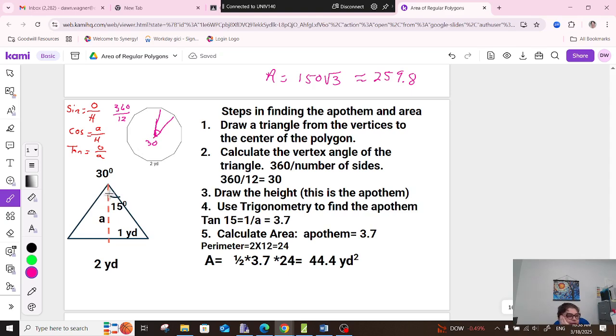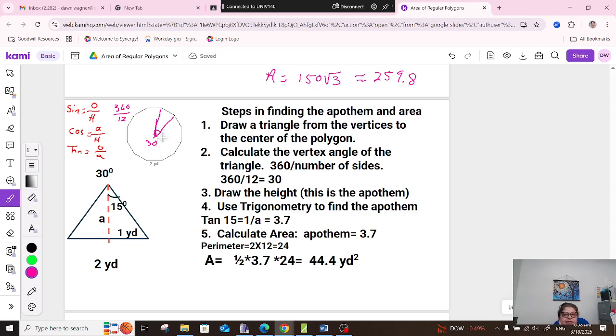I have to cut the triangle in half because the height of this triangle is the apothem. And I have to find the height of this triangle. What's half of 30? Half of 30 is 15. That's where this 15 came from.